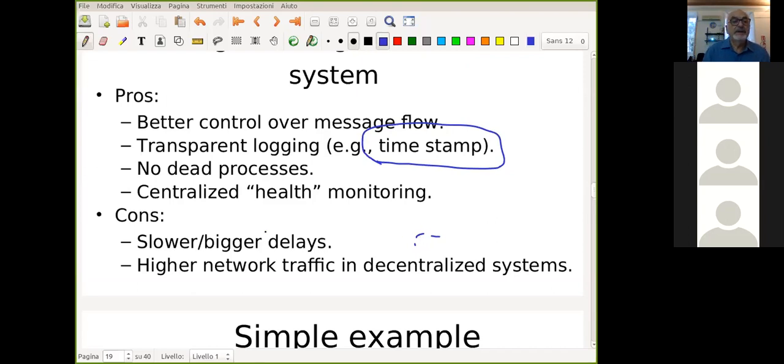Another point is dead processes, another problem that very often happens in concurrent systems. A process, so a module, a task in general, may die. Usually the death of a process is a catastrophe, an error in general, but you always have to take this into account.